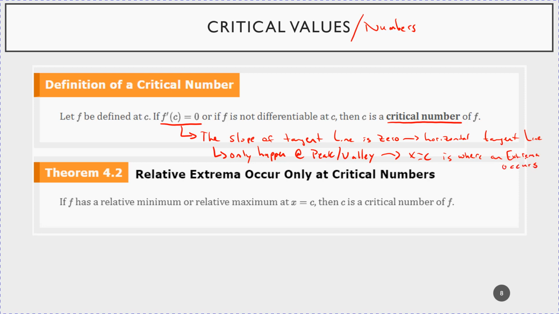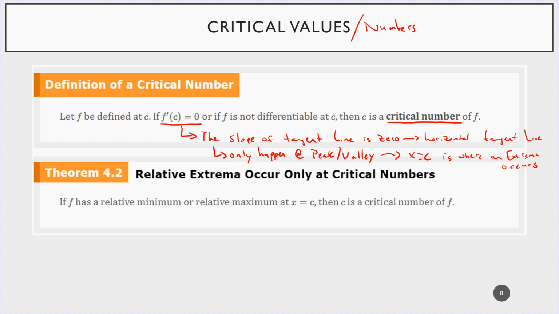And that leads us to Theorem 4.2: relative extrema occur only at critical numbers. So if f has a relative min or relative max at x equals c, then c is a critical number of f. And look, boom, you found a procedure to help you find your relative extrema.